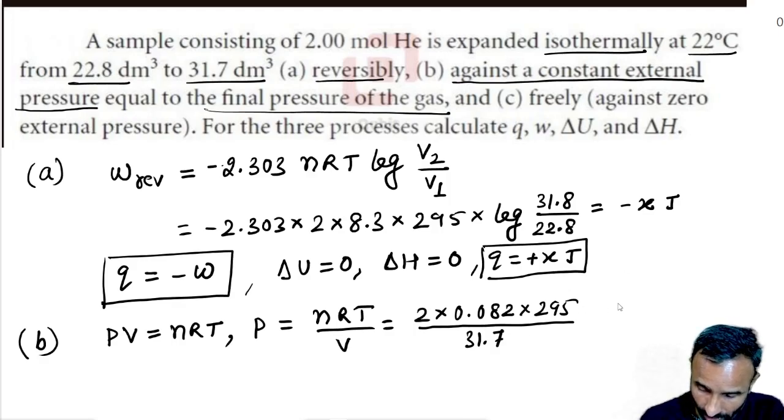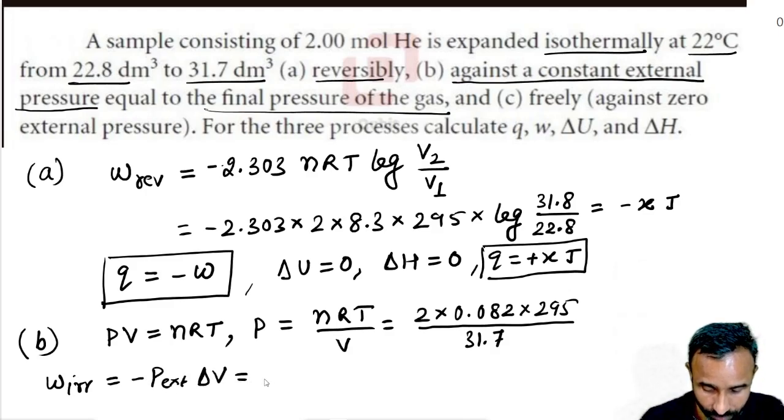Now after getting that pressure, you will apply this formula, minus P external into delta V. So it is minus whatever this value comes out to be, let us say Y atmosphere.